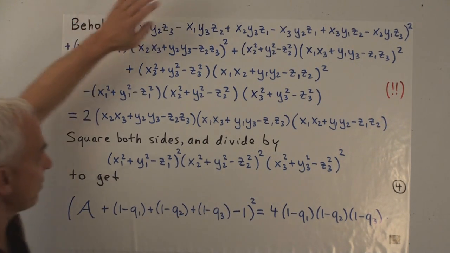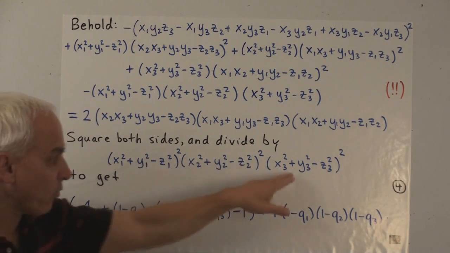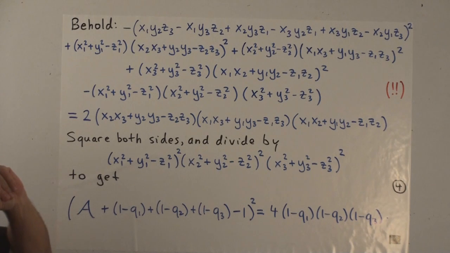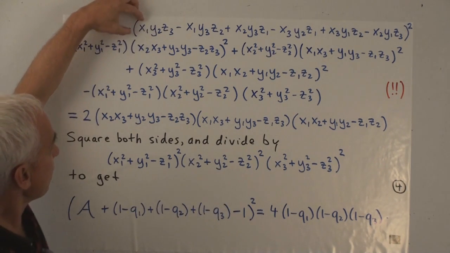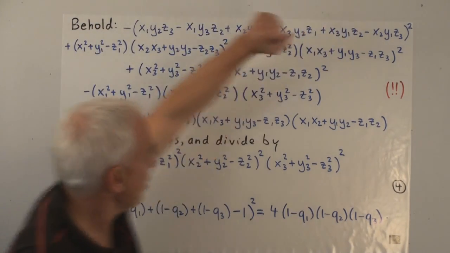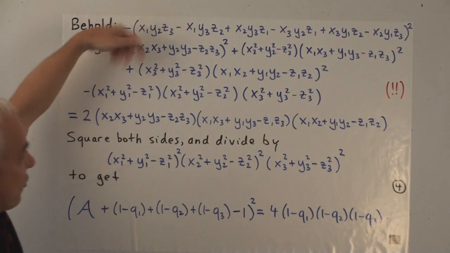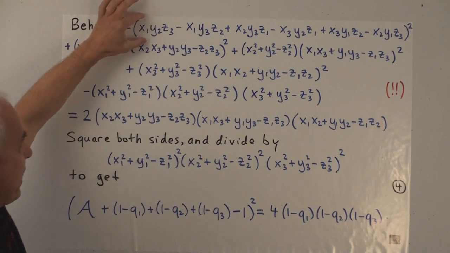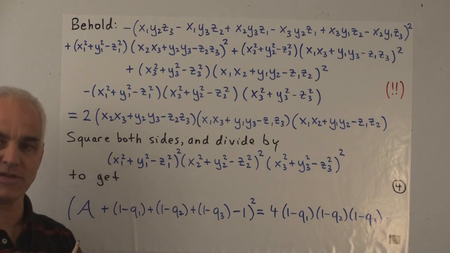So if we square the left-hand side, well, we're going to get something squared. And when we divide by this, what are we going to get? Well, inside the brackets, when we divide this thing here by this times this times this without the squares, we're getting the quadrea. That's exactly the formula on the previous page.